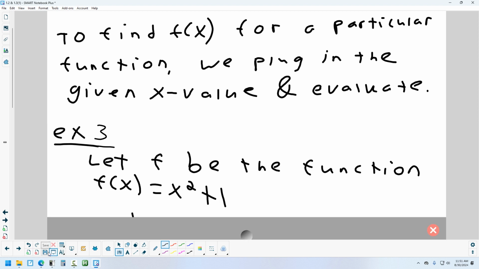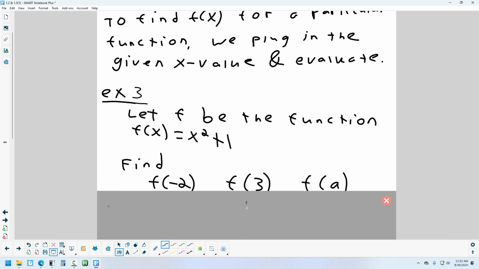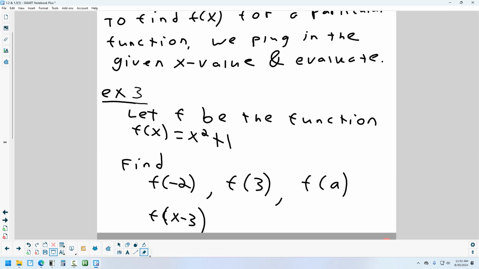When you see the word evaluate, it means to take whatever number, letter, symbol, whatever they give you, and plug it into the formula for the variable. So we're going to try evaluating a few different things.